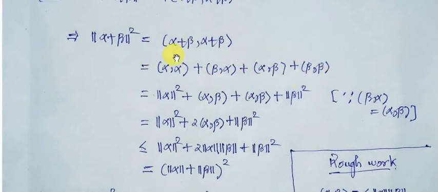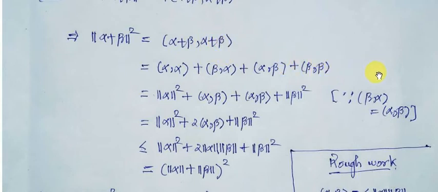First component alpha, so alpha comma alpha. Next, beta with first component alpha, this is beta comma alpha. Third one, we consider the first and the second component, that means alpha comma beta, and fourth one is this second component beta and this second component beta, so this is beta comma beta.